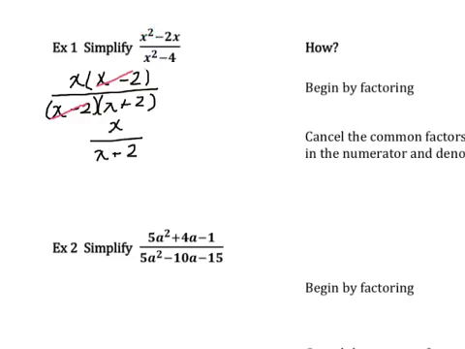So an example that I like to use is 5 plus 2 over 2. So factoring the 2's here and canceling those is the equivalent of canceling those two x's.